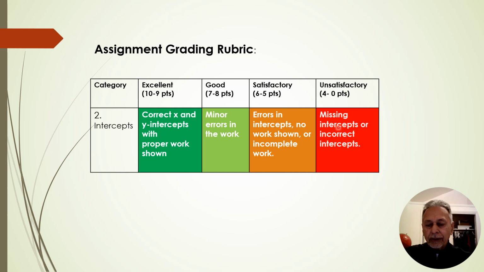You will get 0 to 4 points if the intercepts are missing, or they are incorrect, or there are several errors.